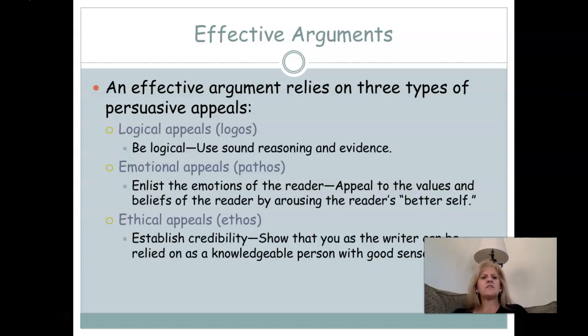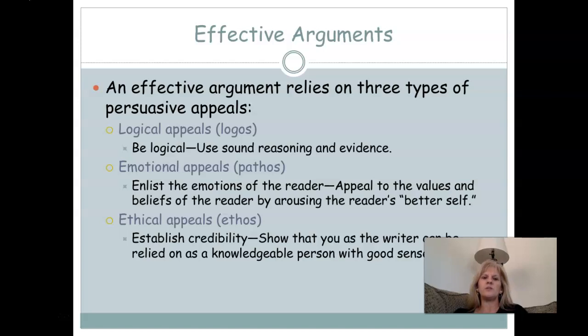A lot of my students will write topics about some very, very emotional things like gun violence or juveniles in prison, and then they kind of leave the emotion out of it and they turn it into a rather dry paper. And this is a perfect time to include emotion in your papers.